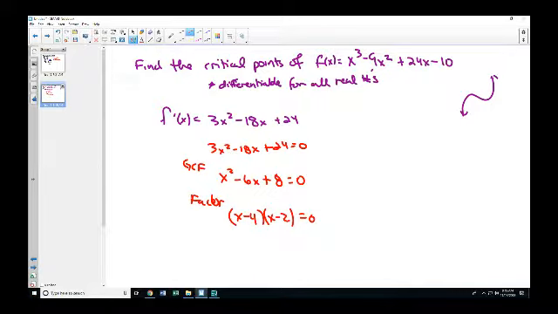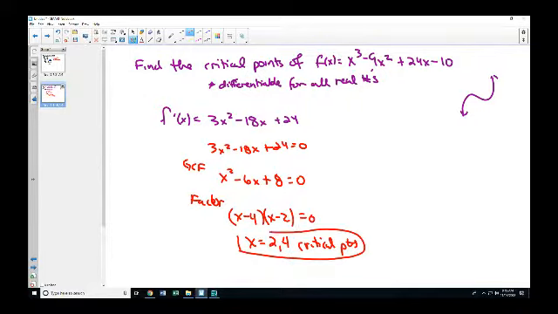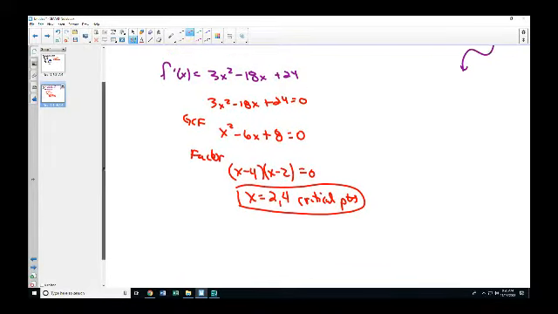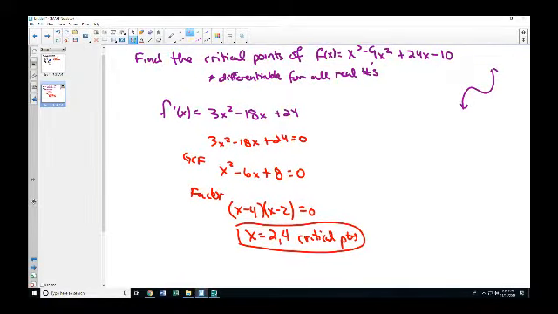Lots of mumbles today, but I think I'm hearing you. Correct? Oh yeah. And what are our x values? Those are your critical points. So would that mean add 2 and add 4? No, we're not doing absolute.